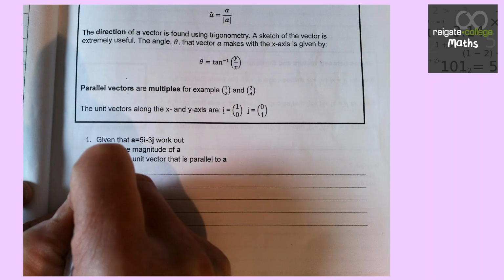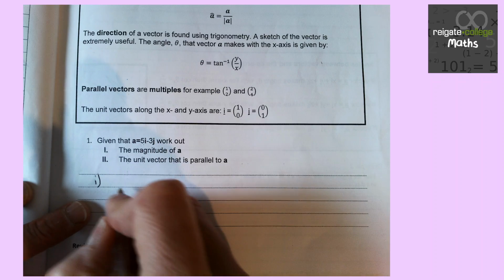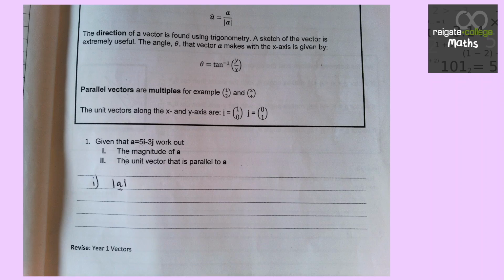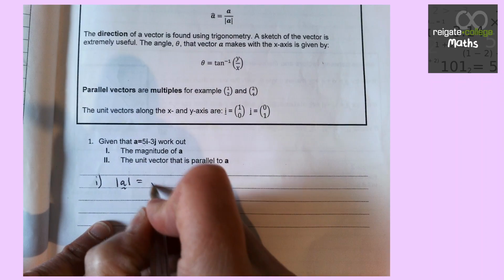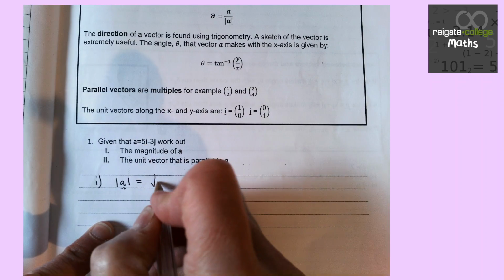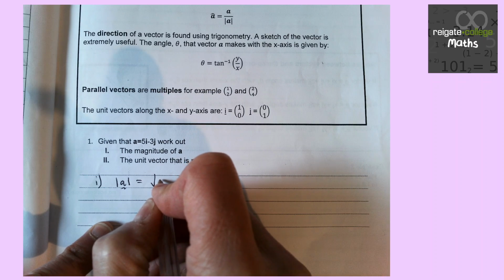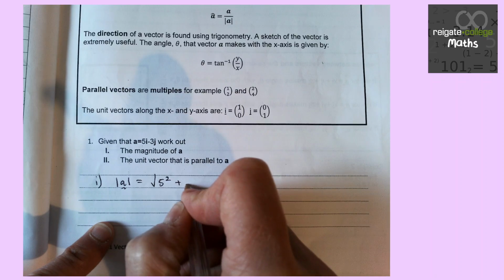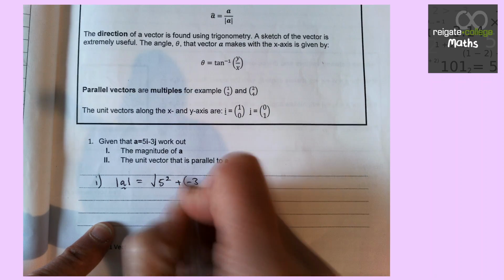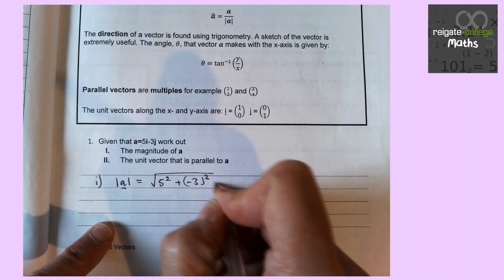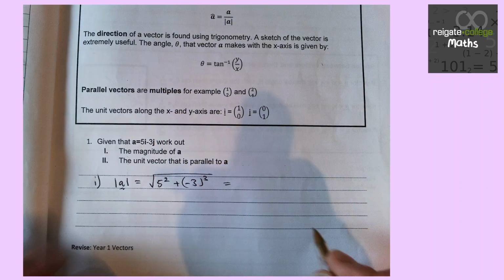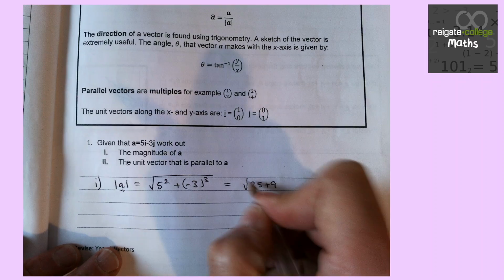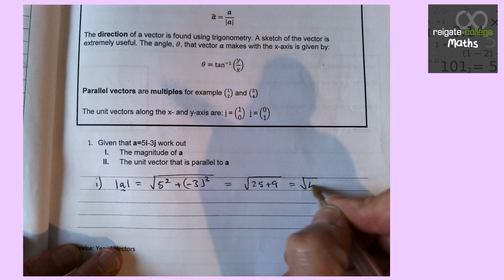For part 1, the magnitude of a is equal to the square root of the i component, 5 squared, plus the j component, negative 3 squared, which is the square root of 25 plus 9, which is root 34.